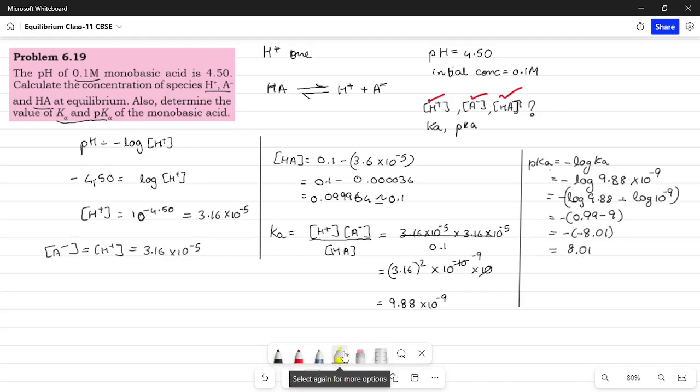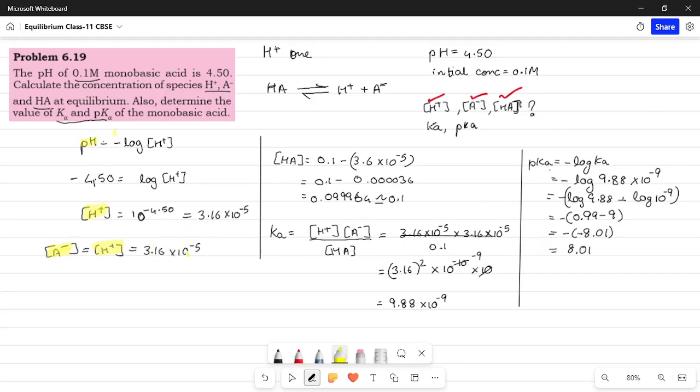So essentially what we did was use the value of pH, which was given to us in the beginning of this question, and we were able to calculate the concentration of hydrogen, H plus ions. From there, we were able to figure out the concentration of A minus ions as well, because the number of H plus and A minus are equal to each other.